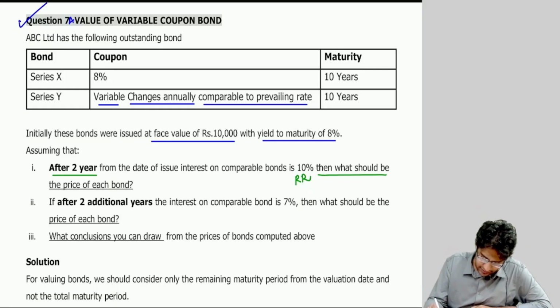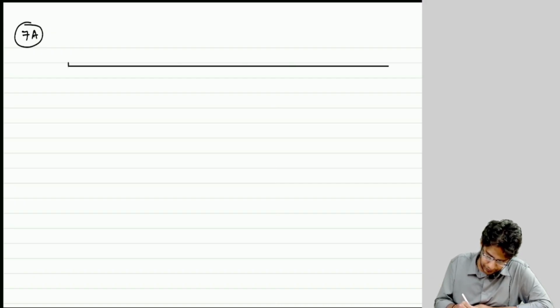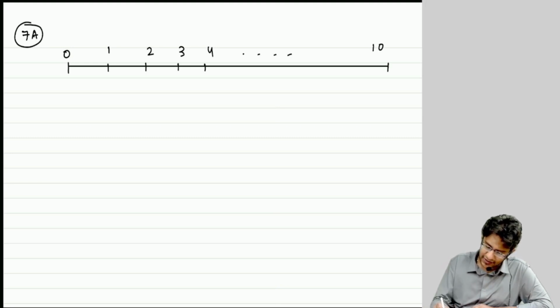So work out 7A. Now you tell me one small thing. Don't write anything, just watch. Answer this. The Series X bond's coupon amount is how much? 8%.